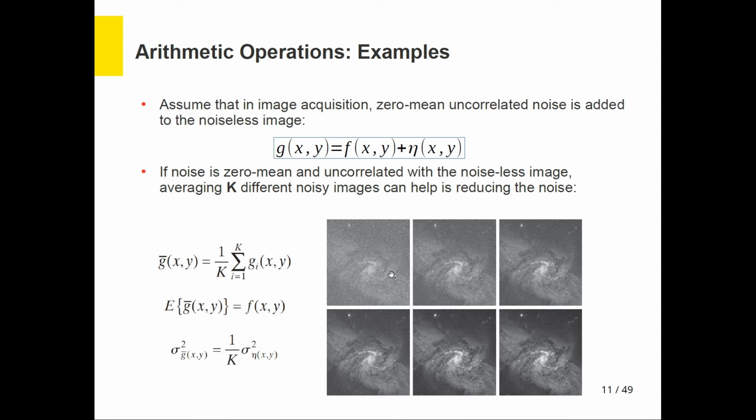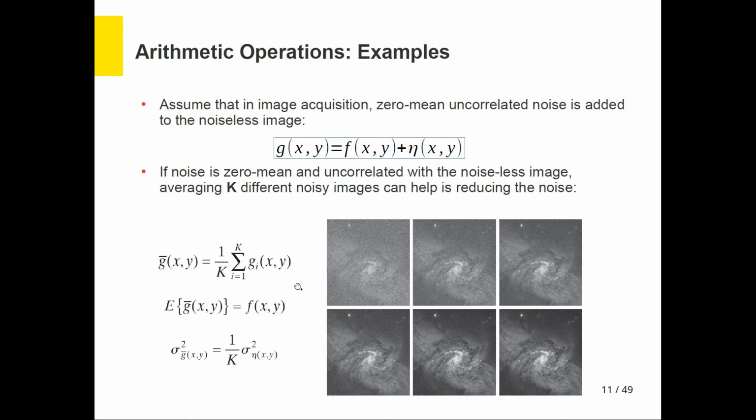If we have k number of these images, since the characteristic of the noise is random, during each acquisition we have a different amount of noise added or subtracted from each pixel value. So if we take the average of multiple of these, we can get to a noiseless image.